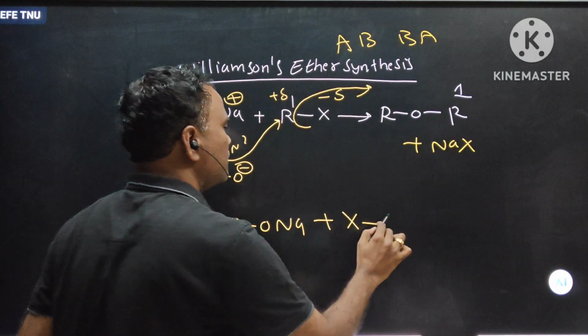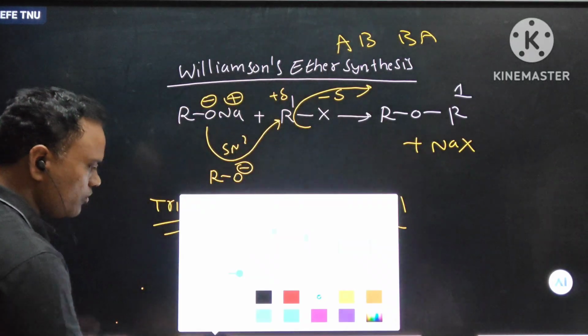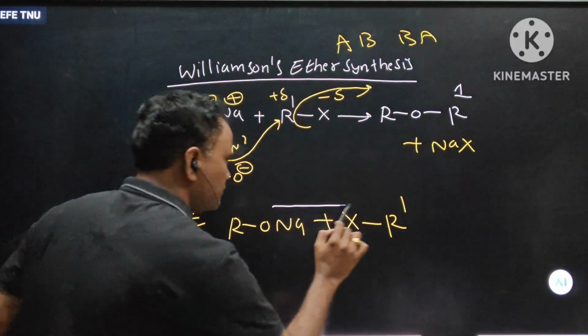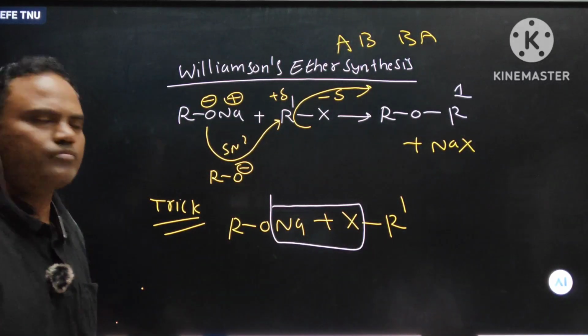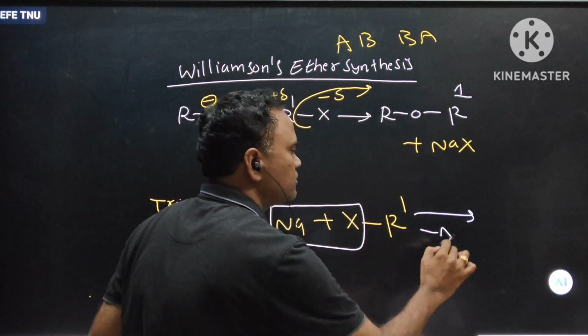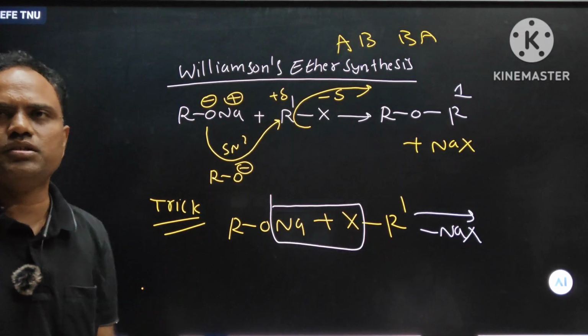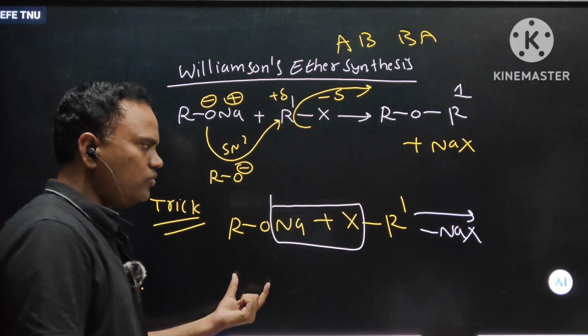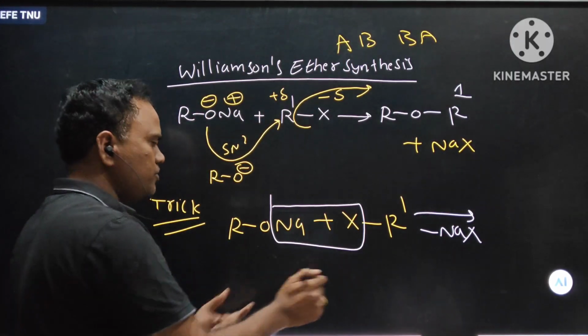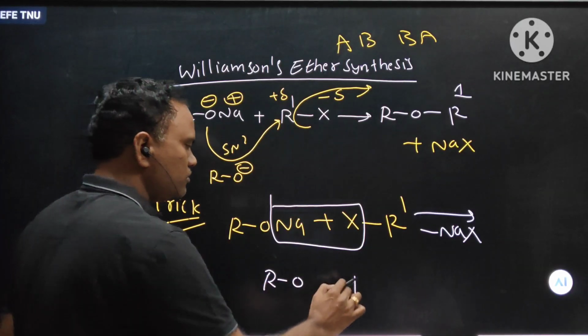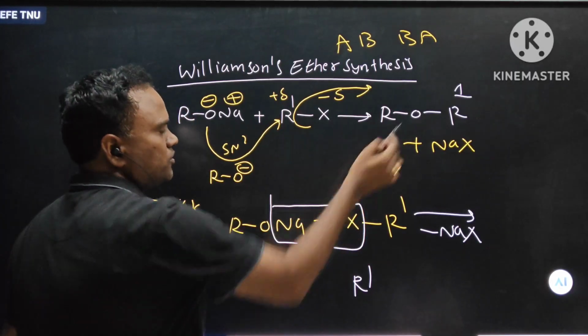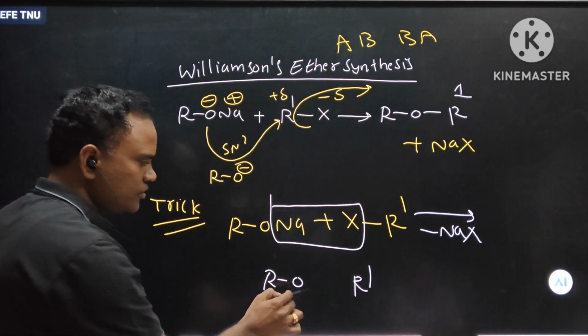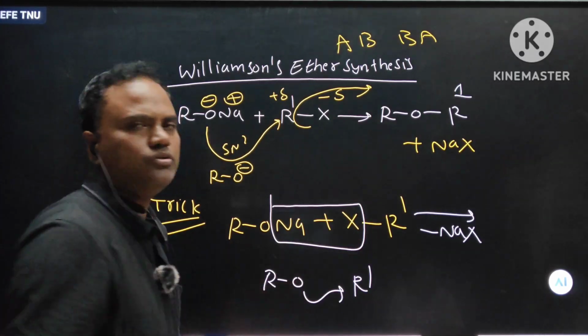So write like this and remove sodium halide, minus NaX. RO and R dash, join these two. We will get the product, merging only, merge the remaining two units.